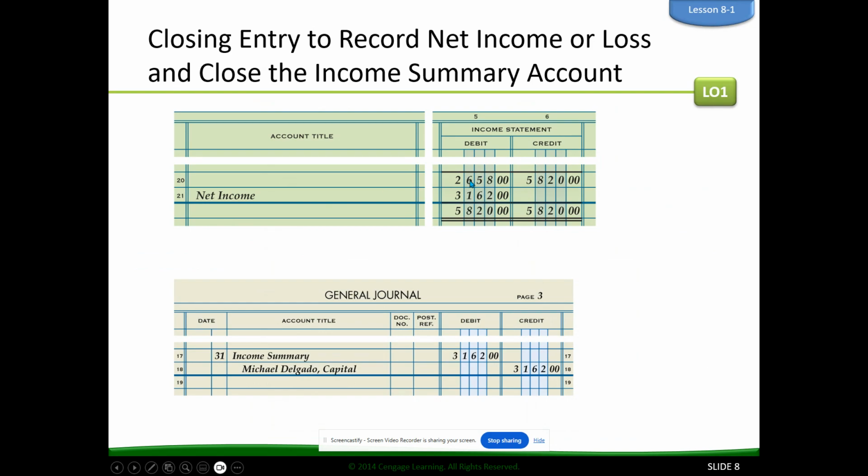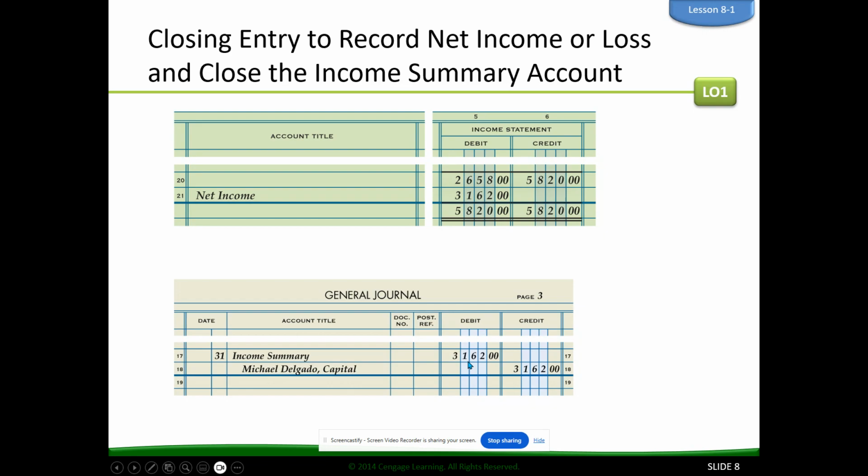See, this minus this equals our net income. That is the amount that should be in our income summary. So as we're going, we're posting, right? We're updating these individual accounts, and net income in income summary should have a credit balance of $3,162 because we have a net income.